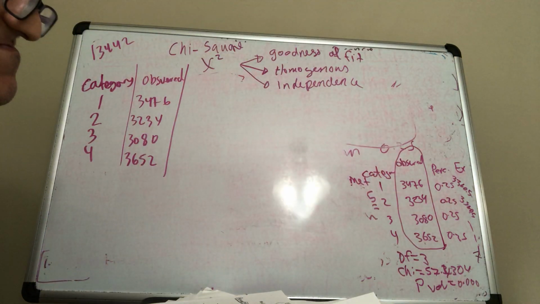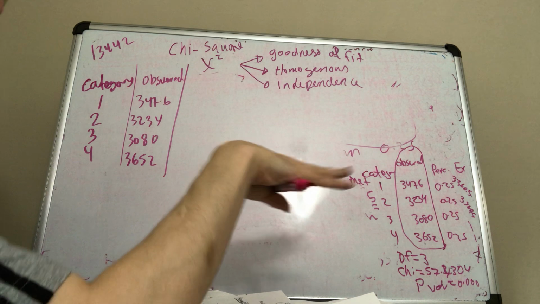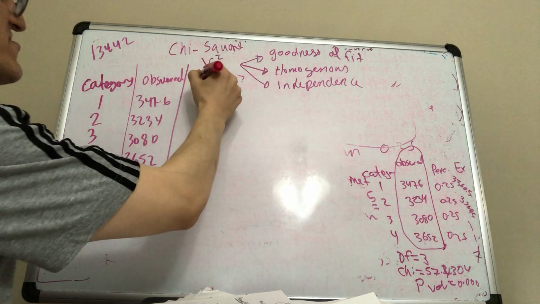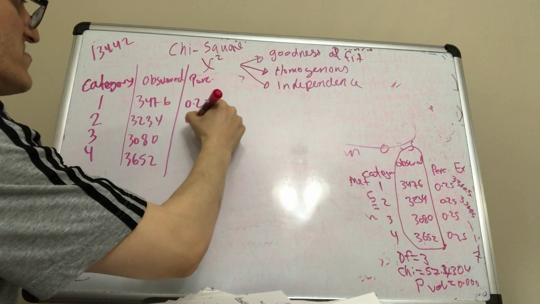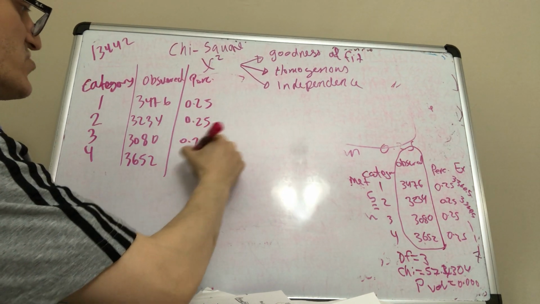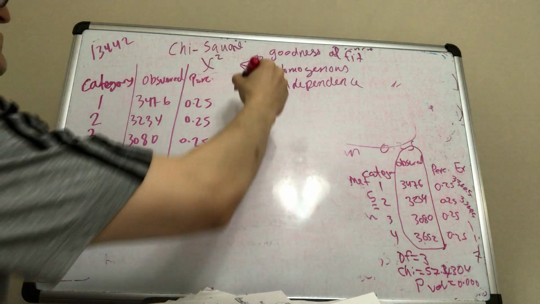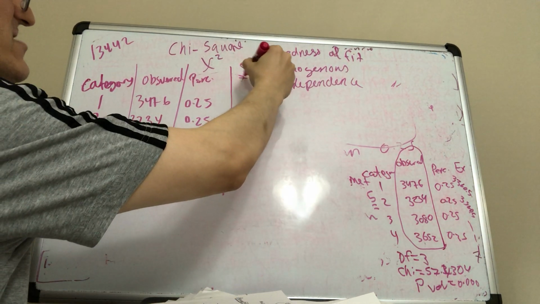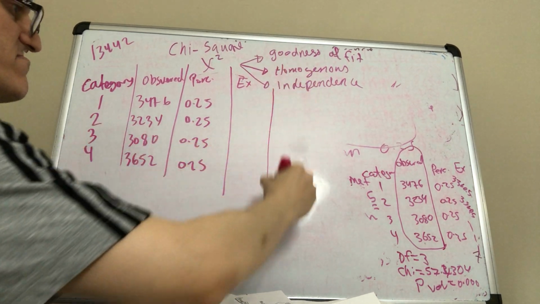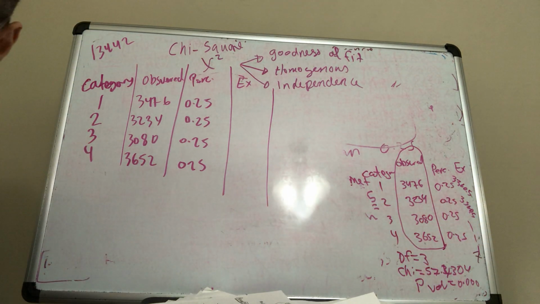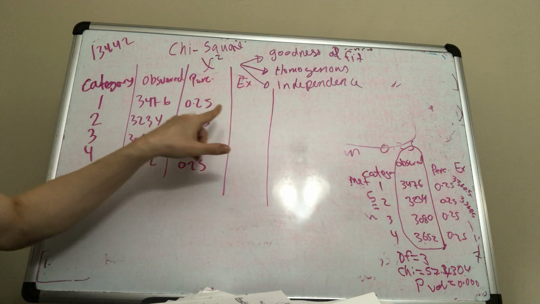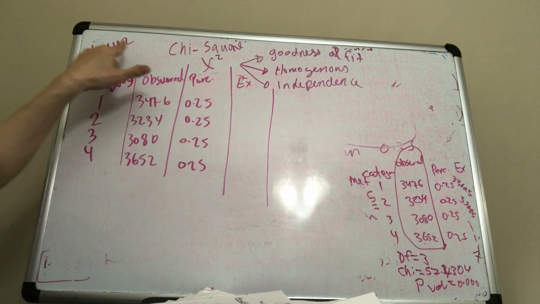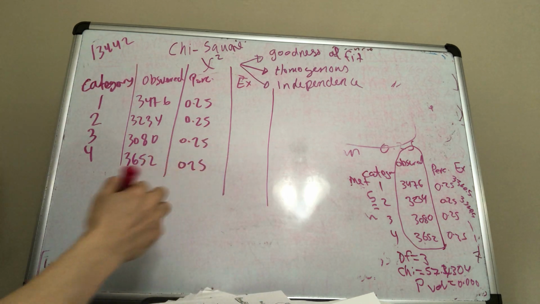They think that it's equally likely to have the 4 groups. So the percentage in this case is 25, 25, 25, 25. Now, the expected number in this case is given. Well, if it's not given, this is what you do. For the expected, you take this percentage times the number.